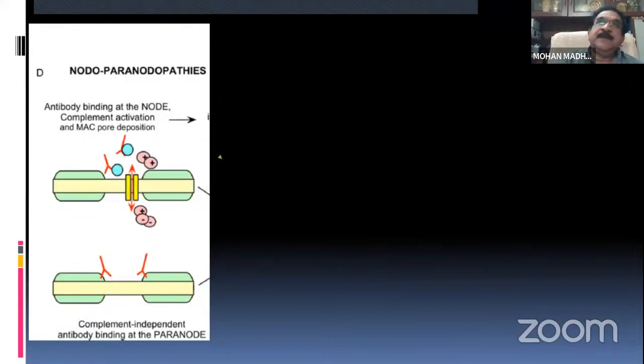In nodopathies and paranodopathies, as I told before, the antibody binding to the node results in two ways. One, it results in complement activation, MAC deposition, as you can see here, causing nodal dysfunction. Or the antibody can act directly without complement, directly bind to the paranode and also produce a nodal dysfunction.